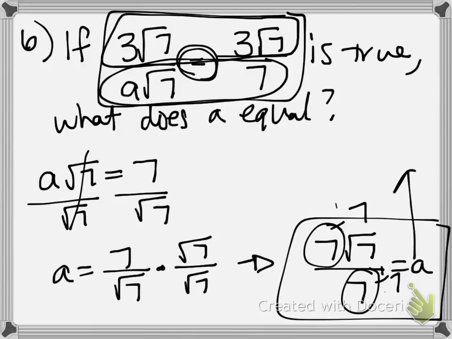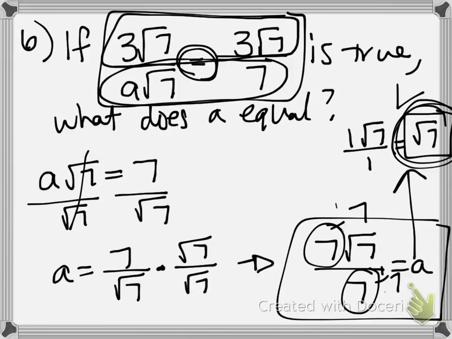So it doesn't quite give me my final answer until I reduce the 7 over 7 because both of them are outside of that square root. So then once I do that, I get 1 square root of 7 over 1, which just turns out to be square root of 7. So this here, that is my final answer. So a equals the square root of 7.